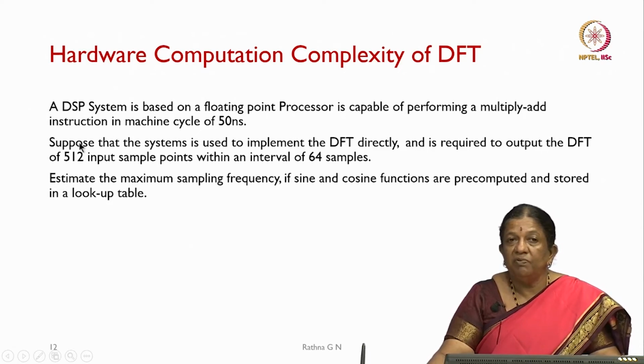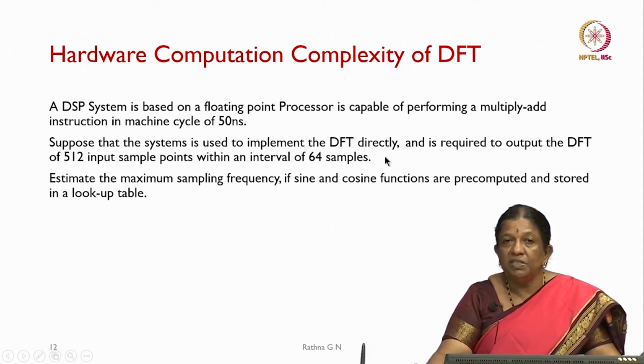Suppose the system is used to implement the DFT directly and is required to output the DFT of 512 input sample points within an interval of 64 samples, that is, chunks of 64 samples.